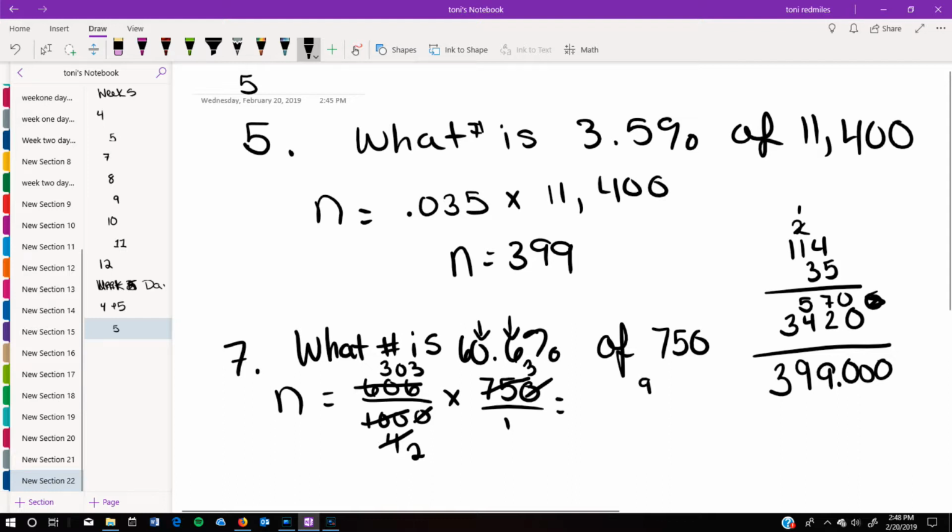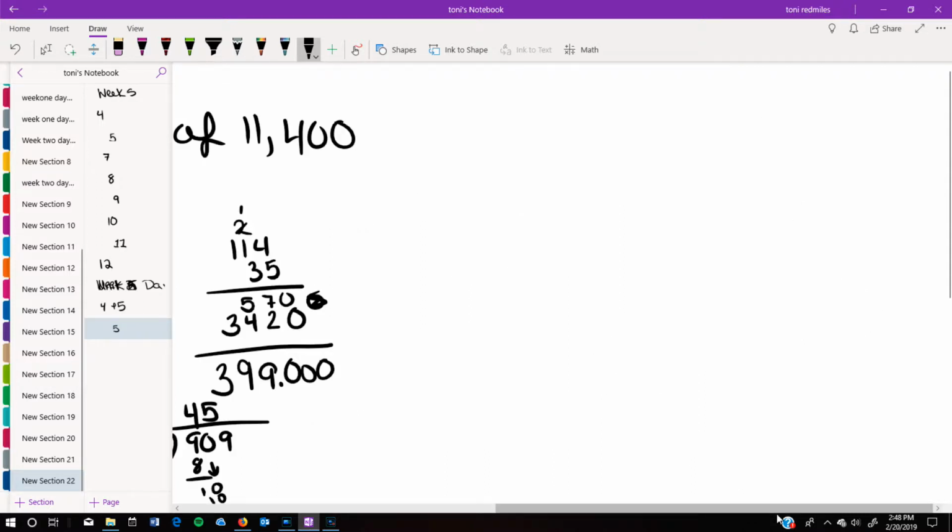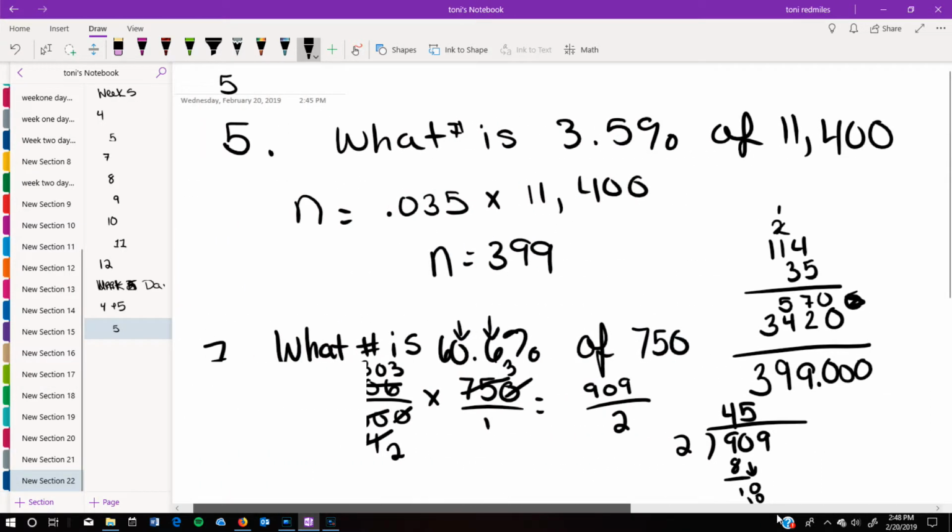All right, so let's go ahead and multiply. 3 times that is 909. 2 times 1 is 2. Let's go ahead and turn that into a decimal by dividing. 2 goes into 9 4 times. Drop down my 0. 2 goes into 10 5 times. It's going to give me an even number.